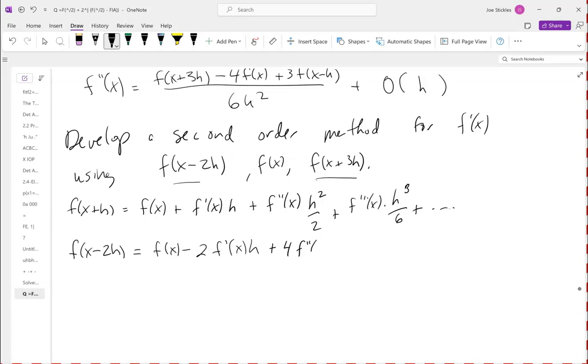It'd be powers of 2, right? So the next one will be a 4. The next one will be an 8. And it'll be a minus. Oops, forgot to alternate my sign. And so on down the line.